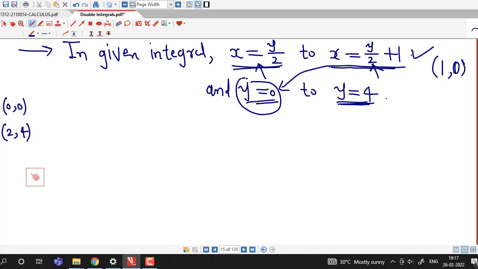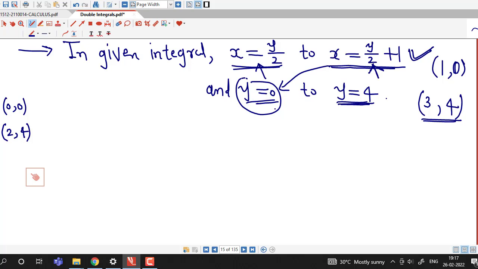And if we take y equal to 4 in this equation, I will have 4 by 2, that is 2 plus 1, that is 3. So this line x equal to y by 2 plus 1 and y equal to 4 will intersect at point 3 4.